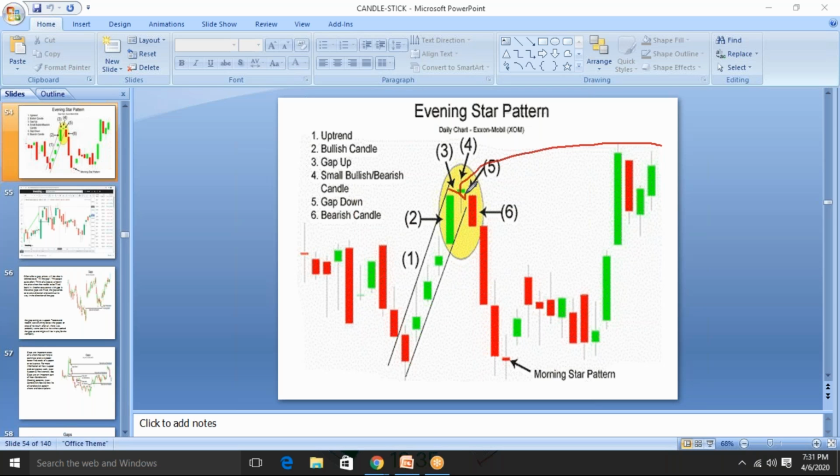Color does not matter in this candle. And the next candle should open gap down. The closing of this candle was right at this level, but the next candle's opening was a gap down.